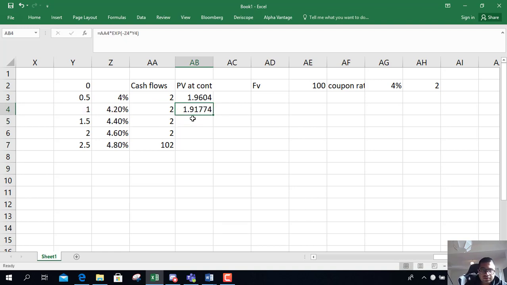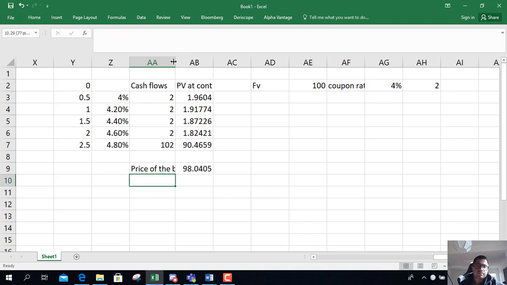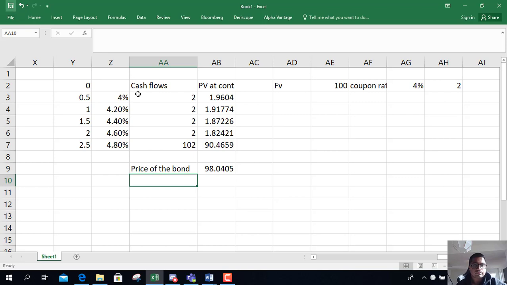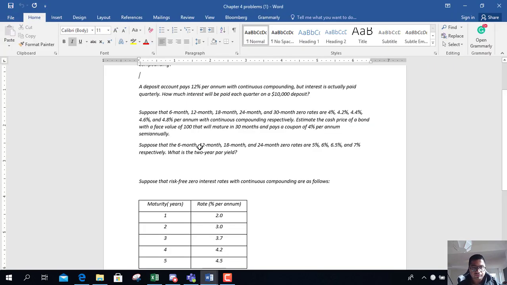If you bring it down, you will have present values for all cash flows. Finally, you add them up, and that is the price of the bond. Okay, this is how you solve it.